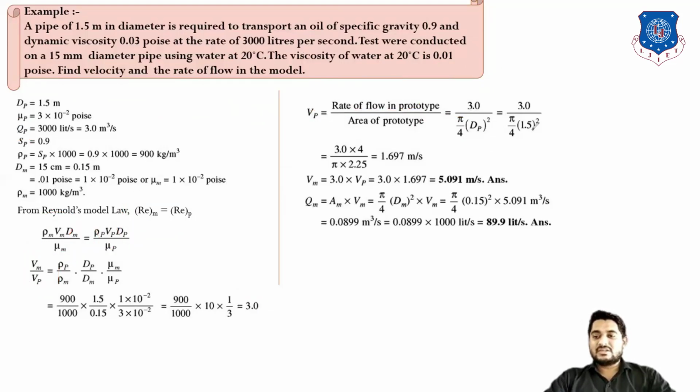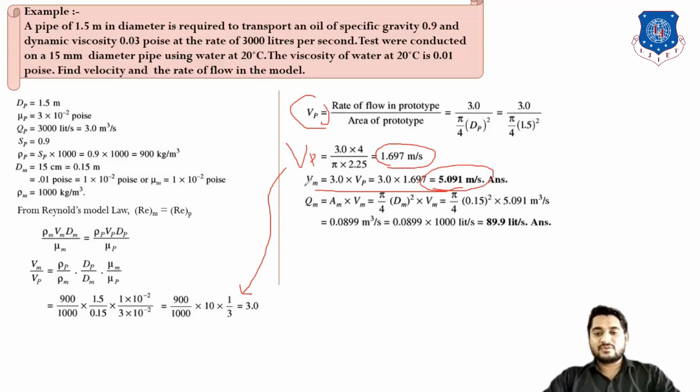That means 3 divided by this data. So velocity of prototype will be 1.697. This value of Vp will be put in the ratio Vm by Vp. So Vm is equal to 3 into Vp. So Vm will be 5.091. It is our first required answer.